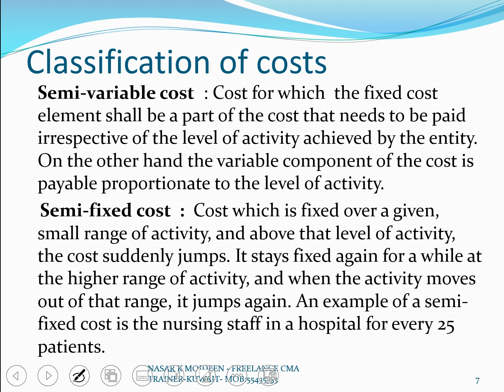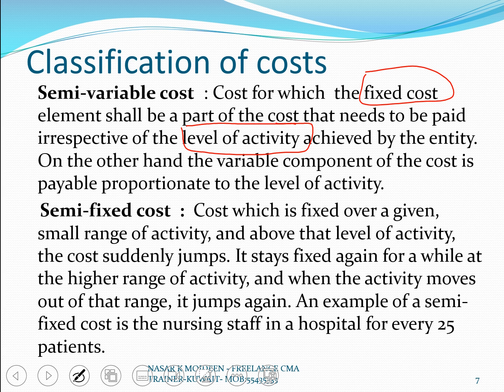And in this you will have semi-variable cost and semi-fixed cost. Semi-variable cost is what we have seen, a cost for which the fixed cost element is a part of the cost that needs to be paid irrespective of the level of activity. Whatever the level of activity is, you have to pay this much amount. That is a fixed cost.